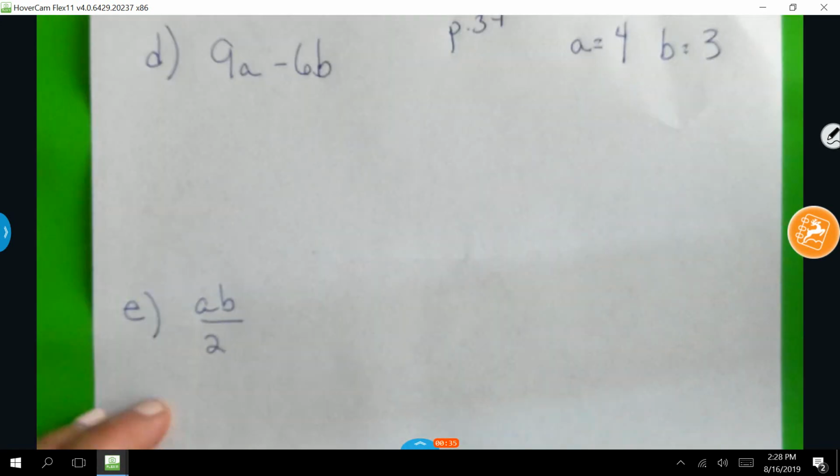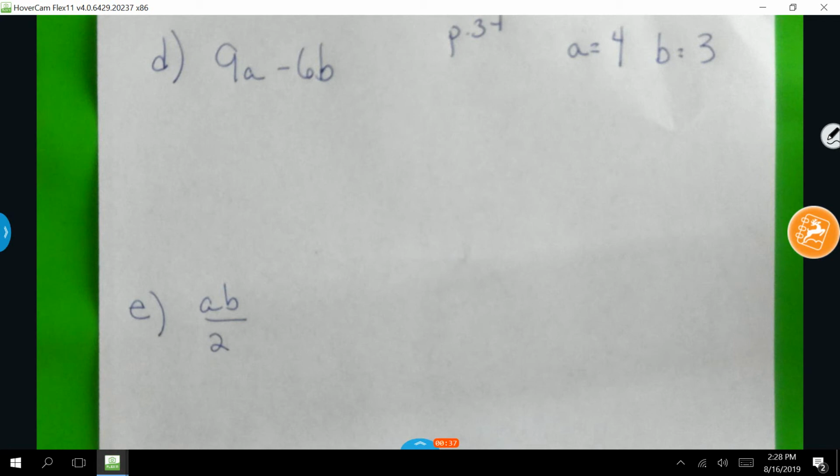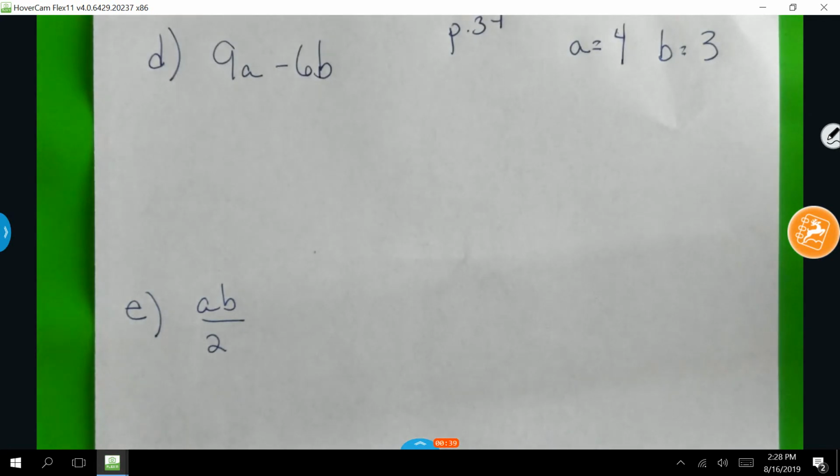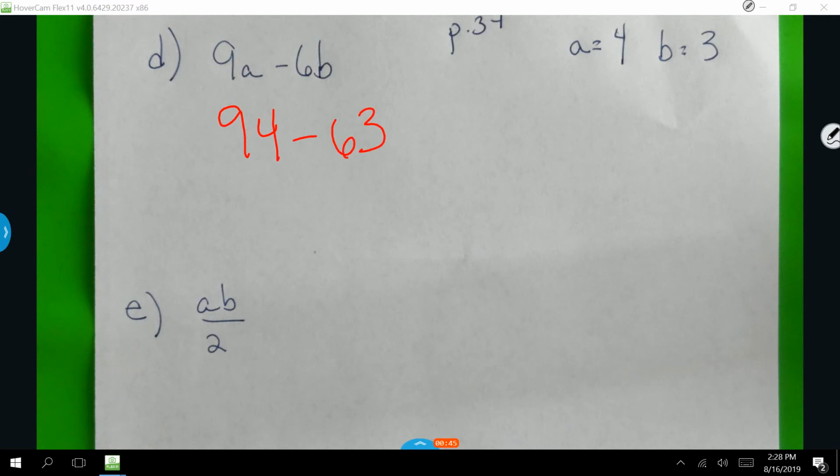Thank you. So this does not mean, by any stretch of the imagination, that this becomes 94 minus 63. No, that is not what that means. Okay? What does it mean? What operation is this? Multiplication.